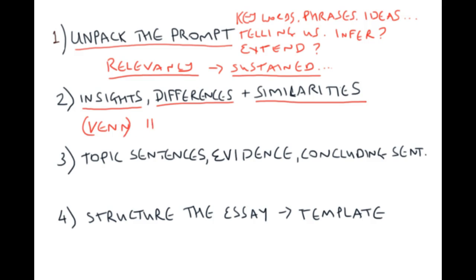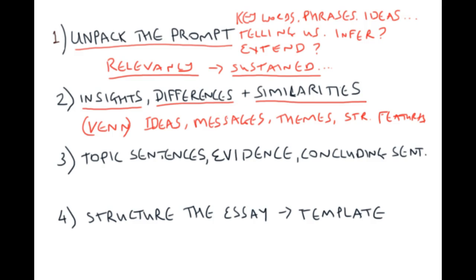And what we're really trying to build here is a list of the key ideas, the key messages, the key themes, or structural features that relate to the text with regards to the prompt.